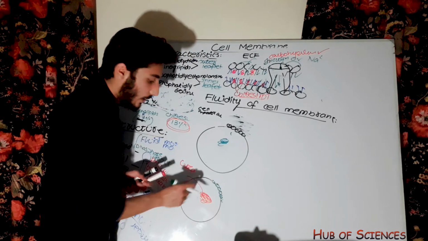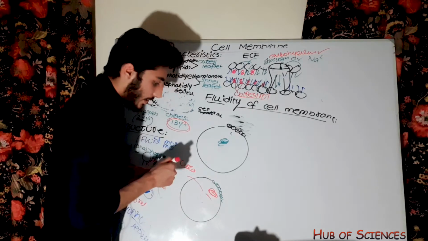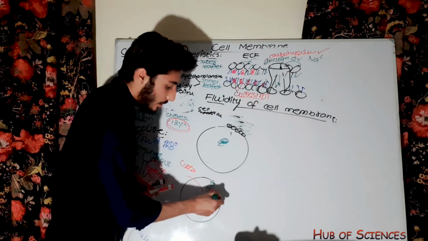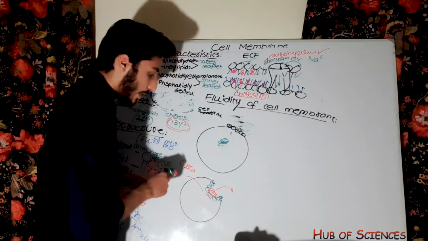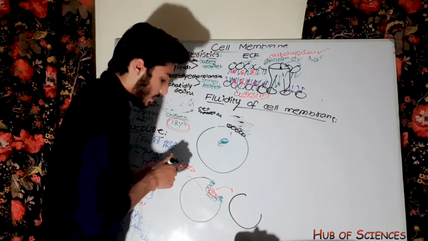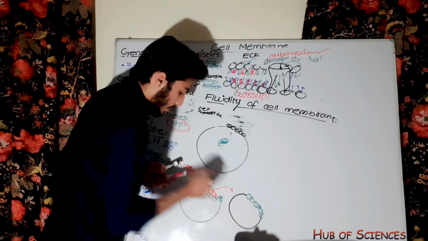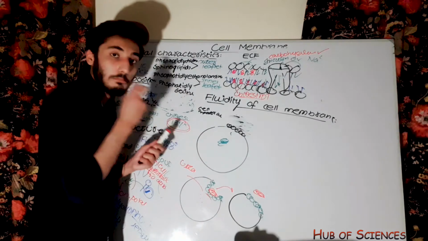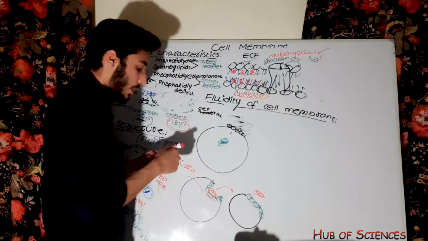The substance comes closer and the cell again forms a vesicle like this, and the substance is expelled out of the cell. Then the cell recovers its cell membrane like this, and the substance is expelled out.